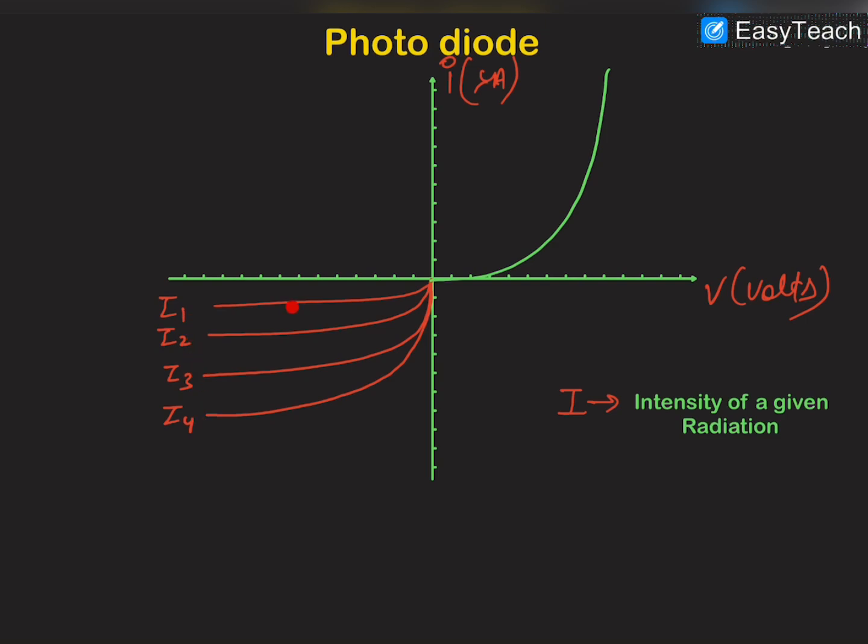Therefore, in the reverse saturation region, the current is independent of the applied voltage, and any change in the current is only due to the change in intensity of light falling on the diode. So we prefer the photodiode to be used in reverse biasing.